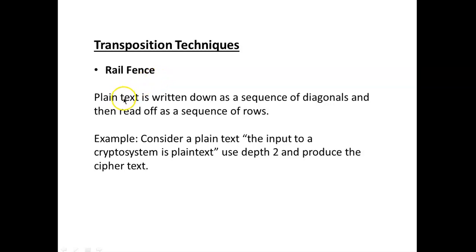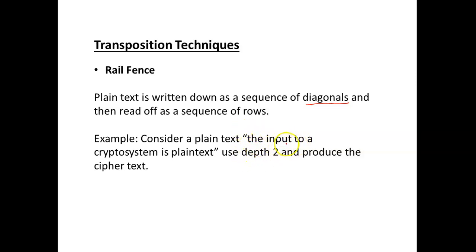The method we use in the rail fence is organizing the elements in diagonals. Where the depth is mentioned, according to that depth we write the plain text in the form of diagonals. We will see how to do that using an example.